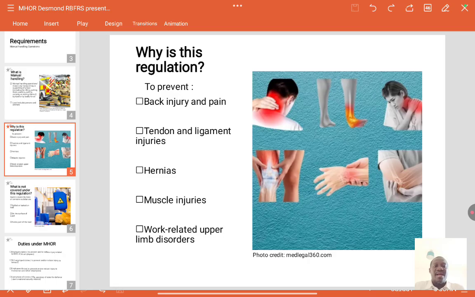And these normally are recorded in RIDDOR, the Reporting of Injuries, Diseases and Dangerous Occurrences records that every employer needs to submit to the UK HSE. And when these are reviewed, it is known that manual handling is a cause of these types of injuries. And if so, then it is important that appropriate regulations are put in place to prevent or reduce these hazards.